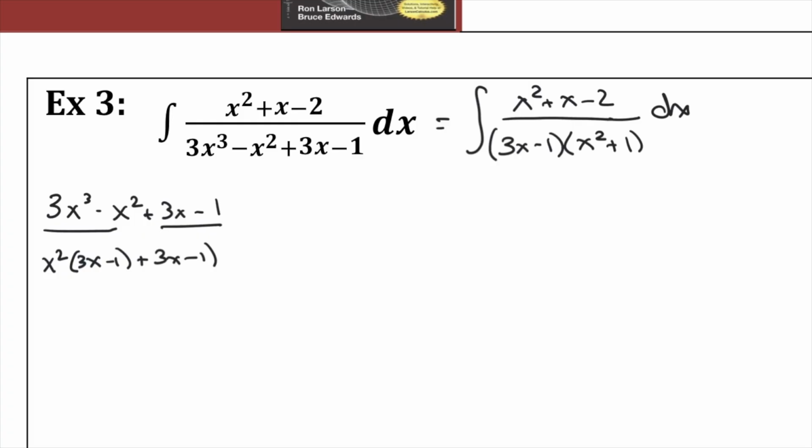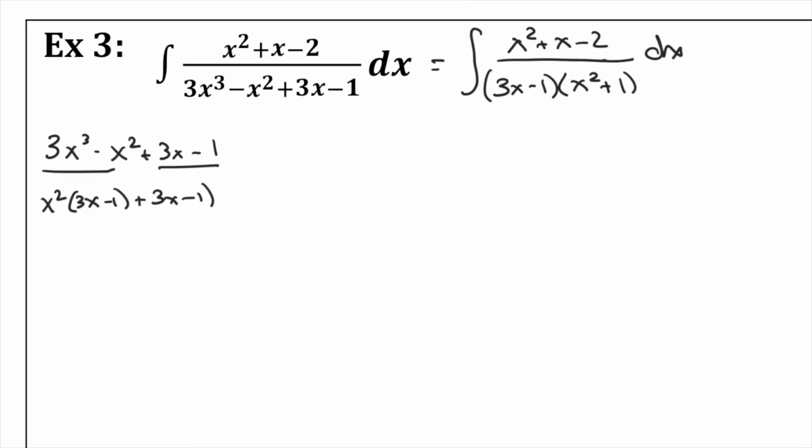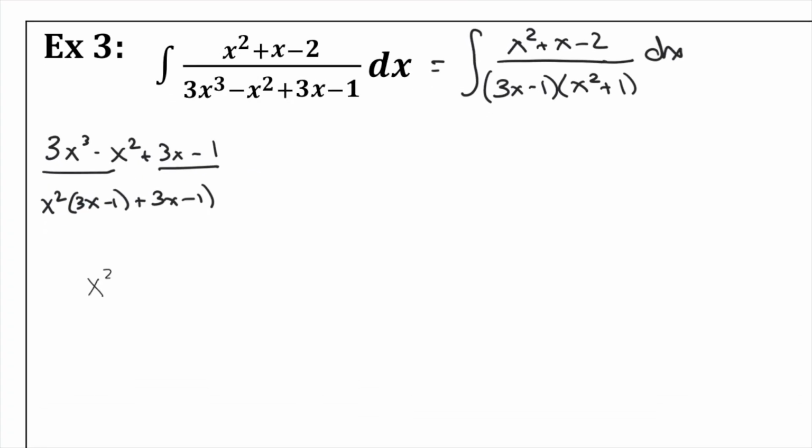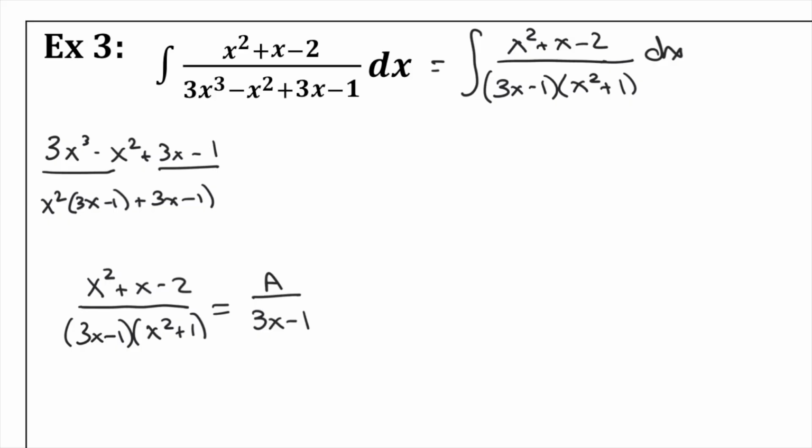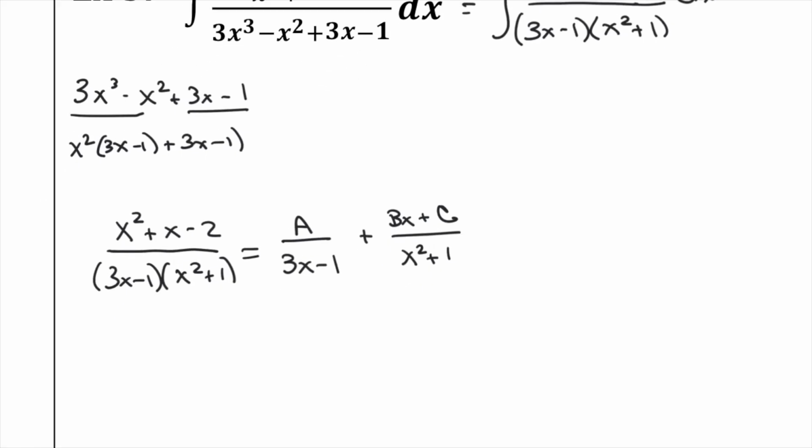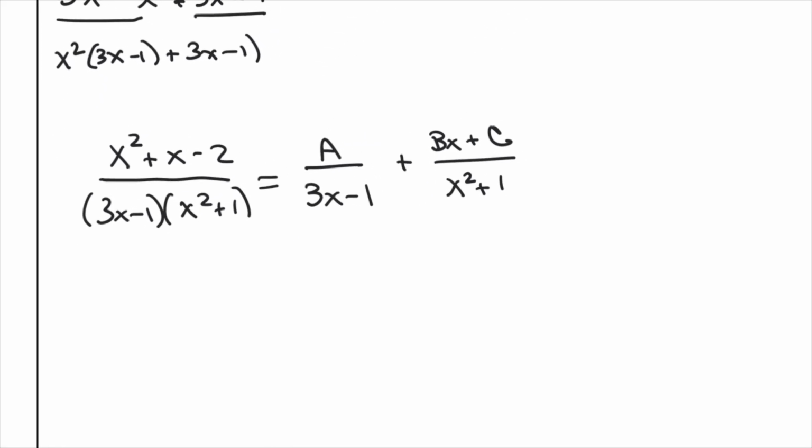All right, we're ready to get started with more algebra. So we take the x squared plus x minus 2 and we divide it by our 3x minus 1 times x squared plus 1. We know that that is going to be equal to A, which is constant, divided by 3x minus 1, which is linear, plus, now the denominator for this one is quadratic, so we're going to write Bx plus C in order to rewrite this problem as partial fractions.